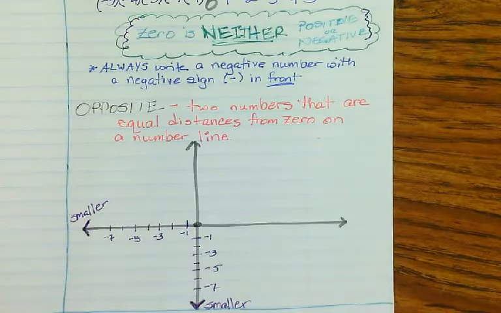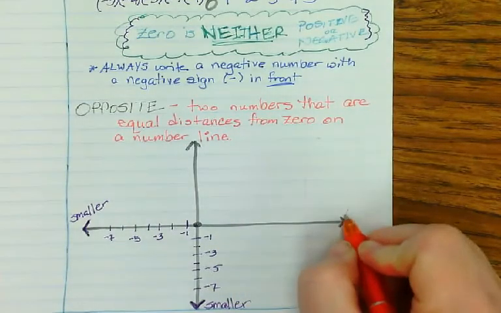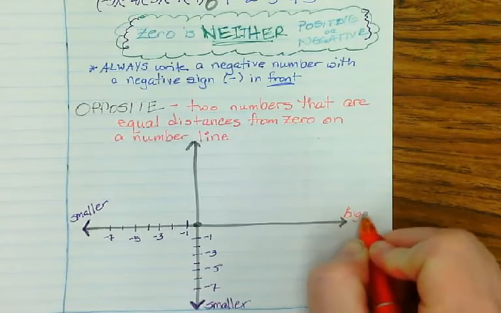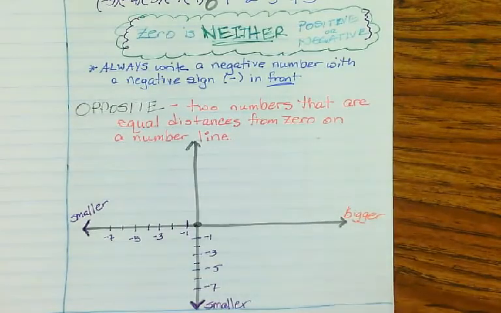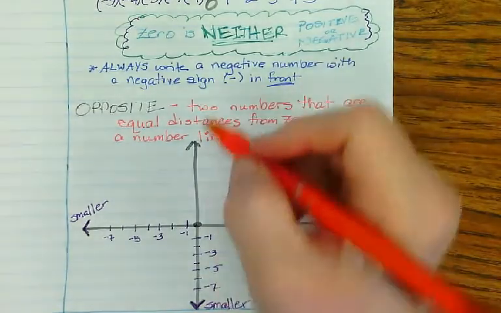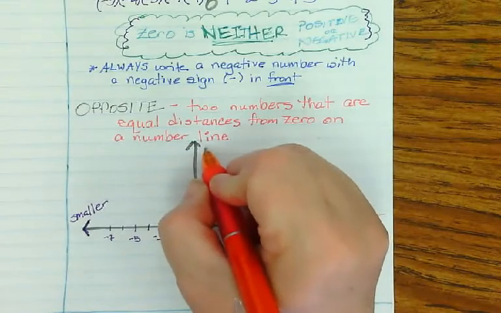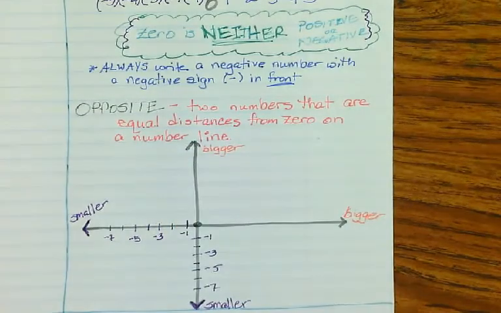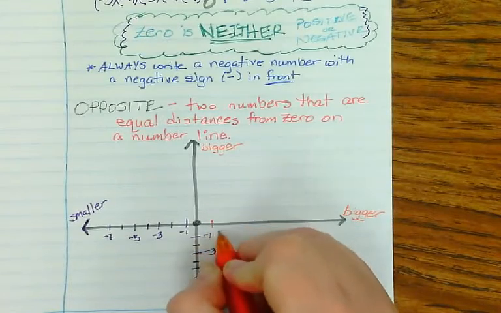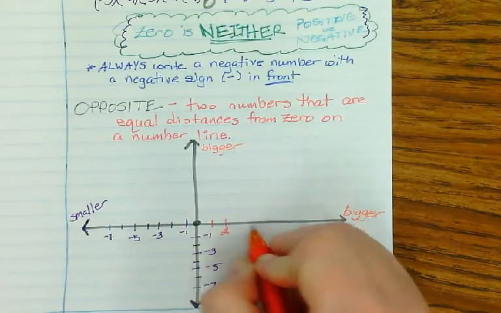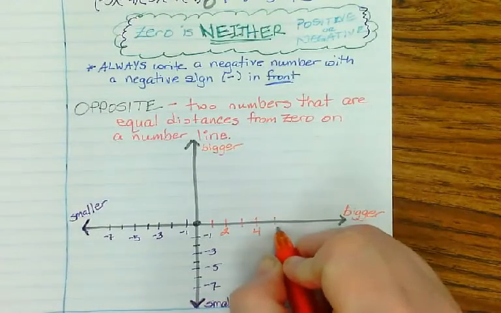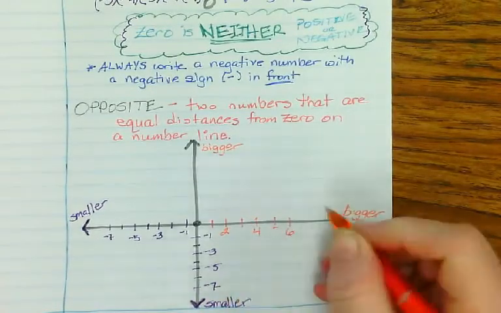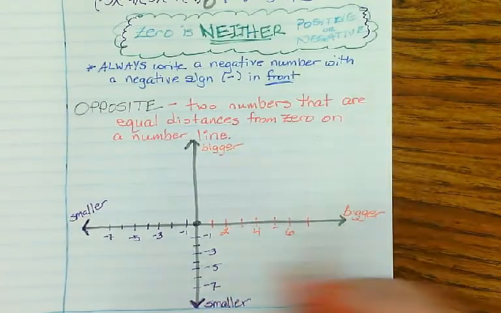And then we have our positive numbers. They're getting bigger. So as we said, everything going to the right is getting bigger. On a vertical number line, everything going up is getting bigger. So this is where our positive numbers go. Here's my 1, 2, 3, 4, 5, 6, 7, and so on.